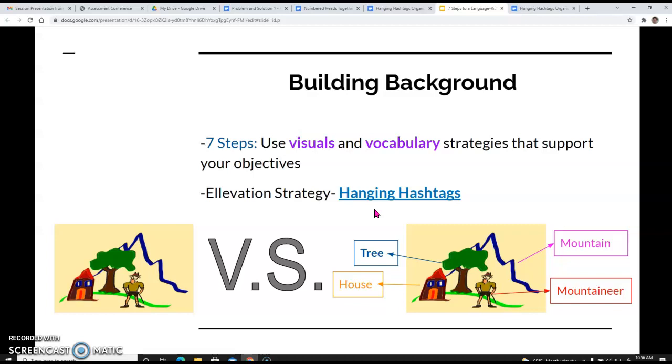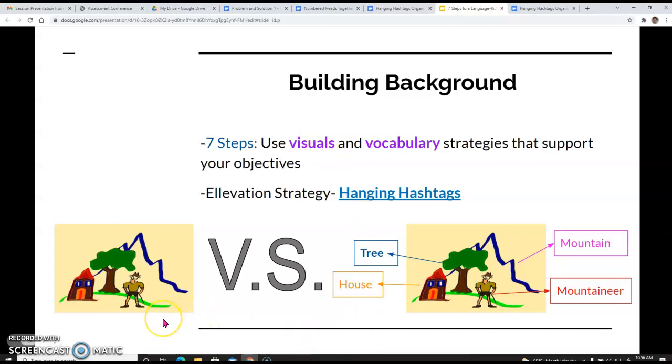And so this is one of the activities that Ellevation has, hanging hashtags, and it correlates with the 7 steps of using visuals and vocabulary strategies to help support our objectives. And here I have 2 different examples.